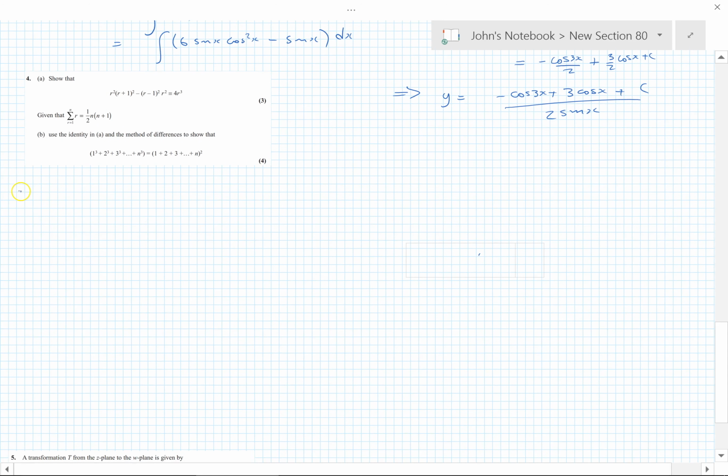Part A is a simple bit of algebra, so let's just do that. R squared times (R plus 1 squared minus R minus 1 squared) is equal to R squared times, which is the same as R squared times R plus 1.